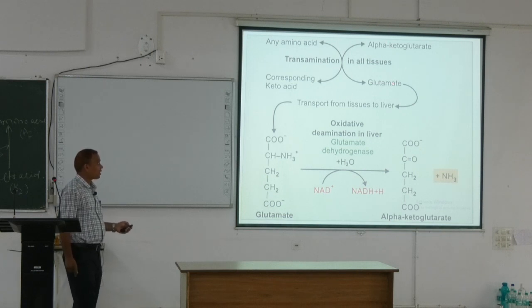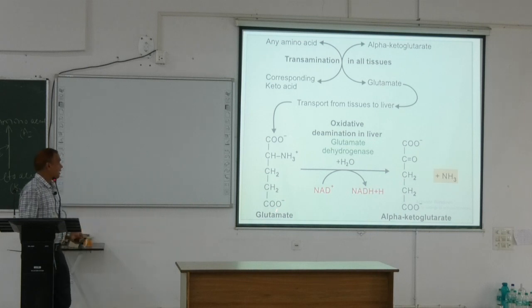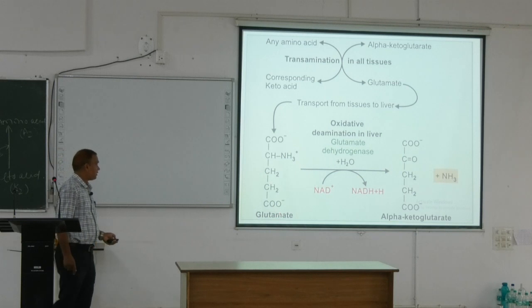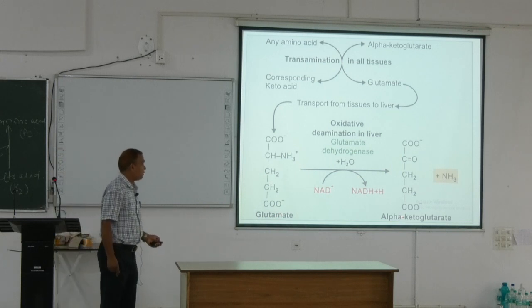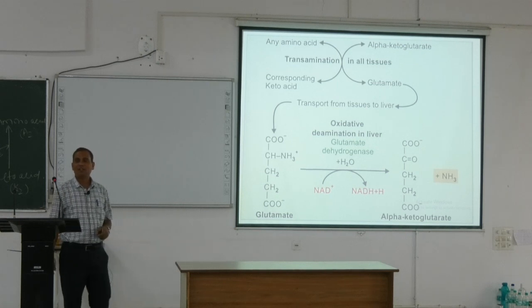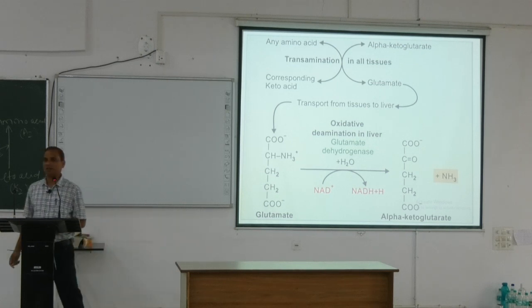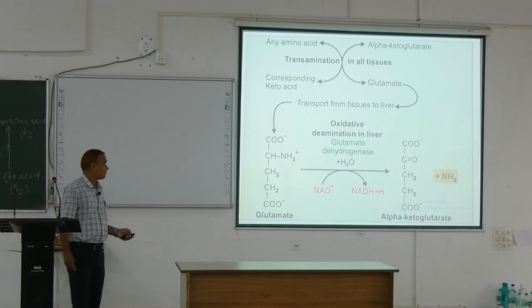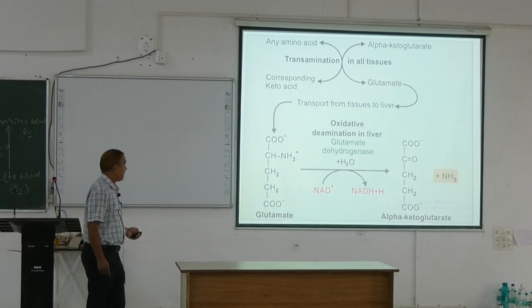As a result, glutamate is formed. That glutamate enters the liver. After entering the liver, glutamate will convert into alpha ketoglutarate by the process of deamination. That means the amino group that is there will be removed.